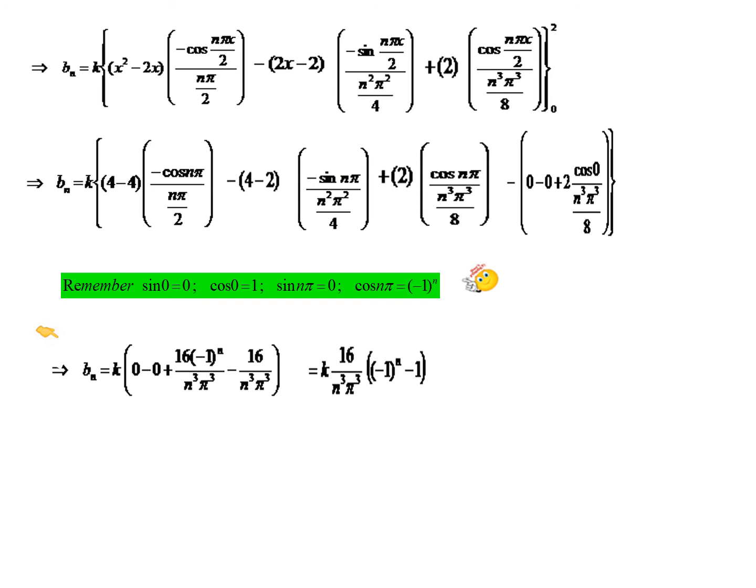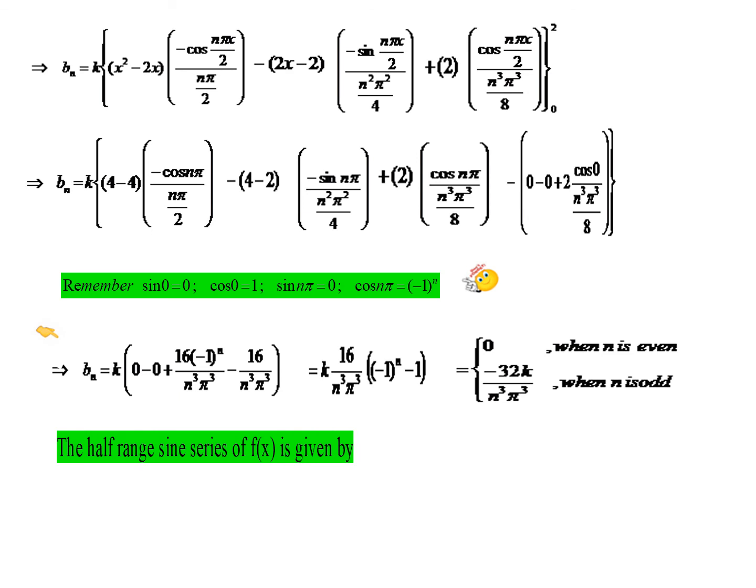So here, can you get for which integer this term is becoming 0? Yes, whenever n is even. So the value of Bn is 0 when n is even, and when n is odd, the term inside the bracket becomes minus 2. So totally minus 32k by n cube pi cube. So this is the value of Bn.